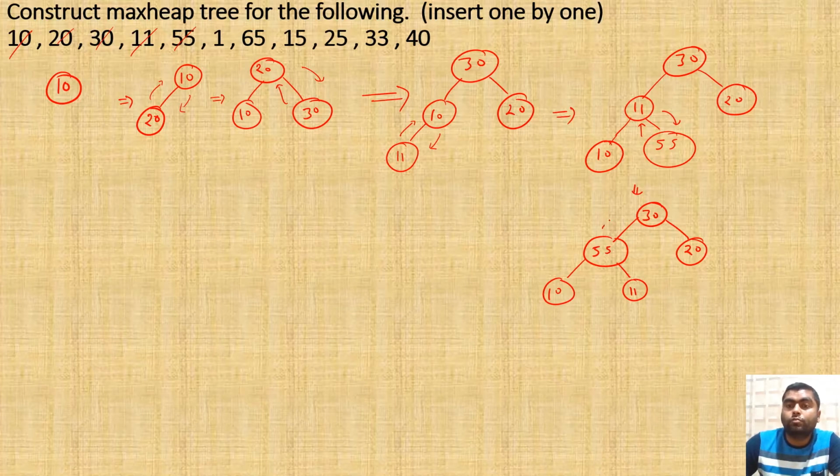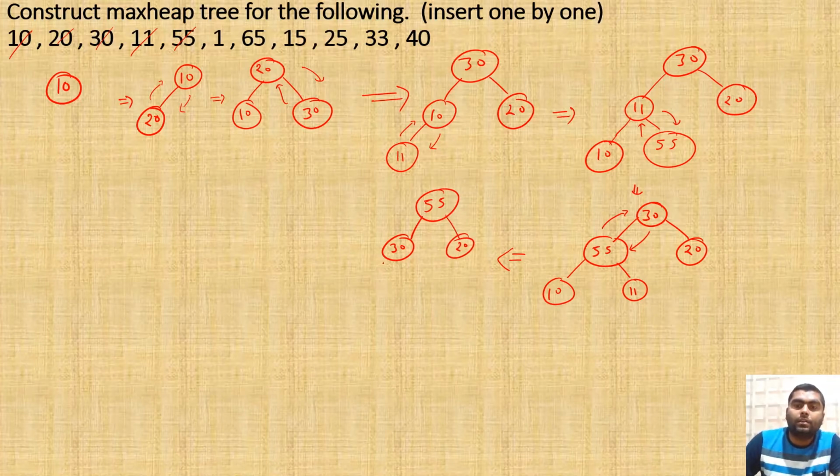So one more swap is required, so this and this will be swapped. Finally you will get 55 as the root node after this step, and 30 will be the left child, and 20 will be the right child, and left to 30 is 10, and right to 30 is 11. Okay, so now I think it's okay.